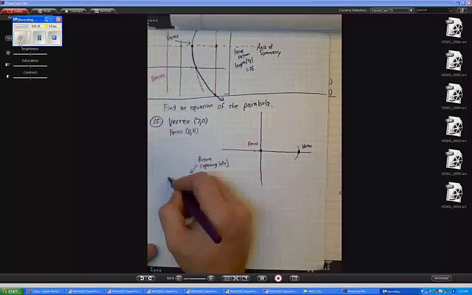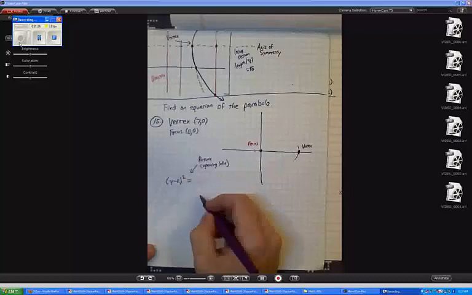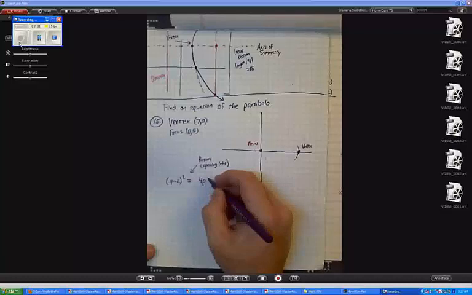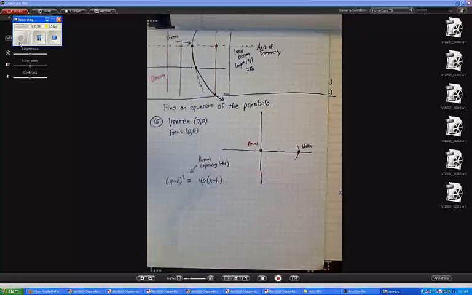It's going to be y minus k squared equals 4p times x minus h. It has to be a y squared one because it's opening to the left, not up or down. Does that make sense to people?